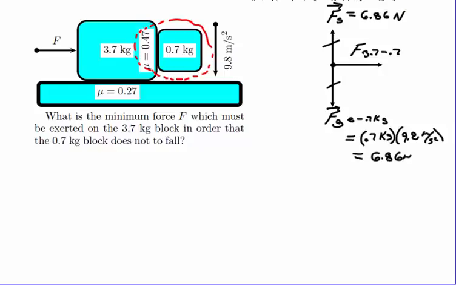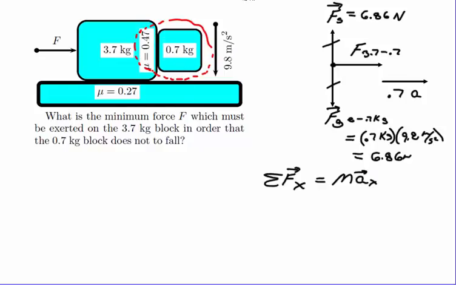Alright, and then to the right, off to the side, I like to do my mass times acceleration, and that's going to be 0.7 kilograms times my acceleration. At this point, I will write my equation, the summation of forces in the x is equal to mass times acceleration in the x. Now, there's one thing to note here. You know what the coefficient of friction is here.